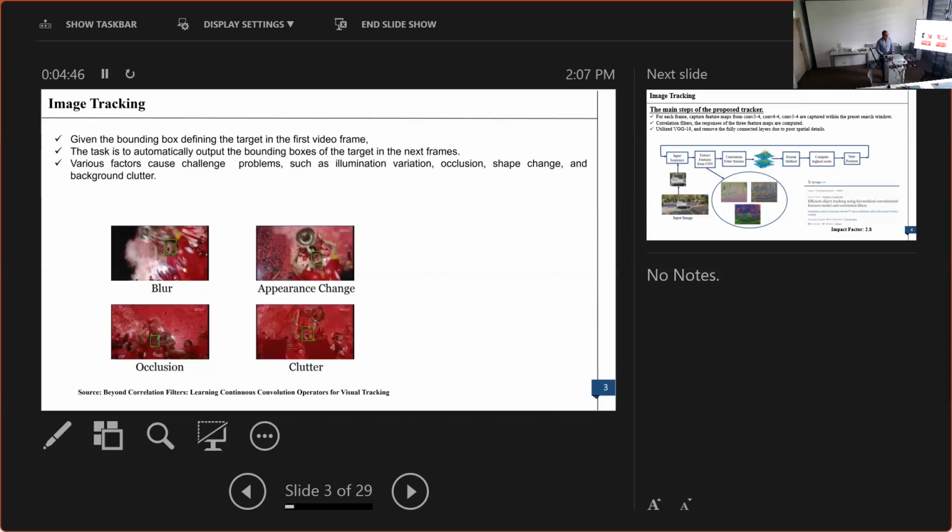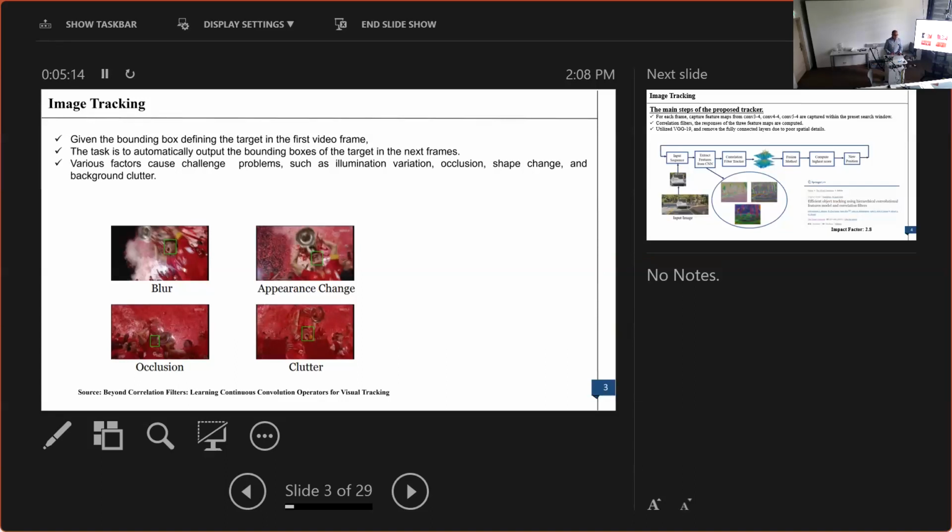The idea is, if we have a desired object, the goal is to draw one precise bounding box around the object and keep moving this bounding box on that object. Unfortunately, it is not an easy task due to several challenges.